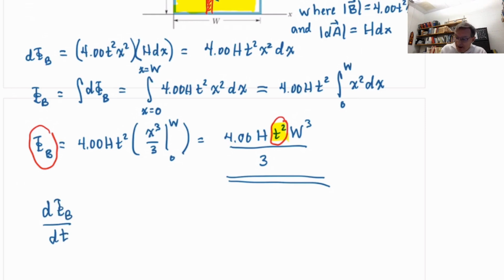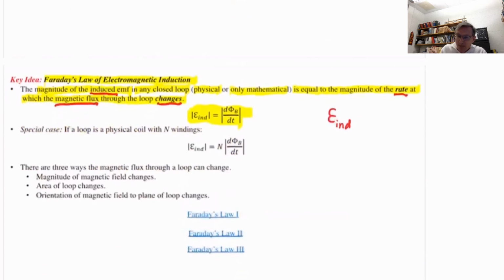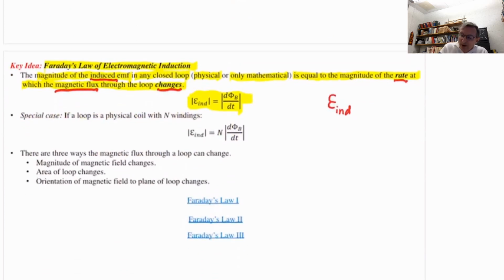You ought to be able to do that. I'll let you think about that. So what Faraday taught us is that if you've got a closed loop and you have a magnetic flux through that loop that is changing with time, you'll have an induced EMF in that loop, which can in turn drive current if it's an actual conductive loop. And the induced EMF magnitude is equal to the magnitude of the rate of change of the magnetic flux.